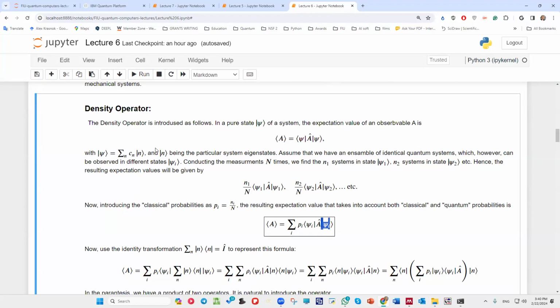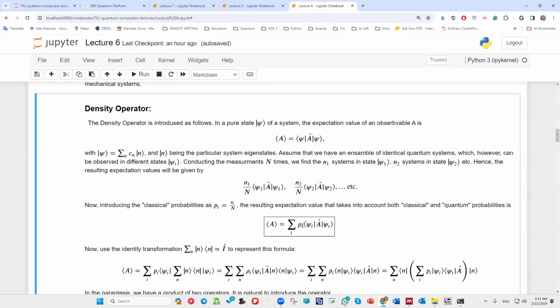Psi vector, I remind you, each psi vector is a combination of basis vectors, and these basis vectors can be observed with some quantum probability defined by the absolute value squared of this coefficient Cn. So this formula includes quantum probability.